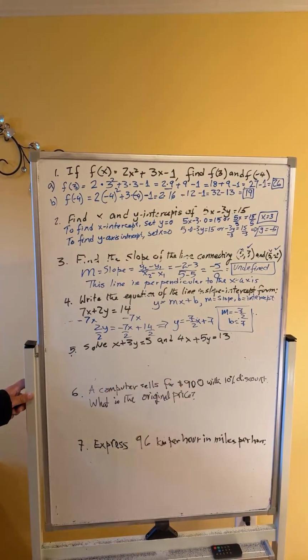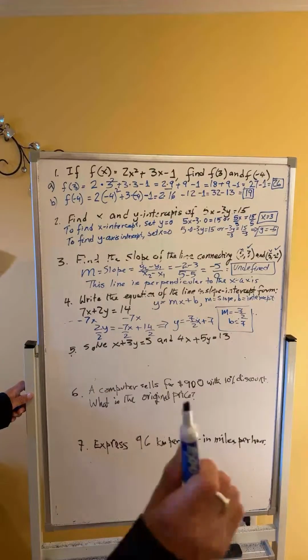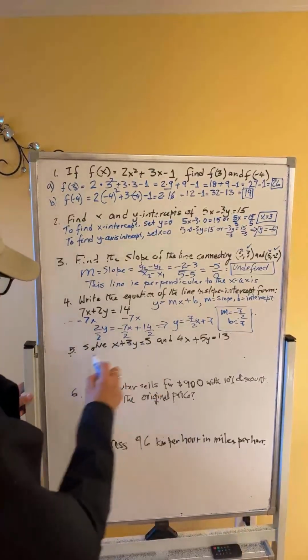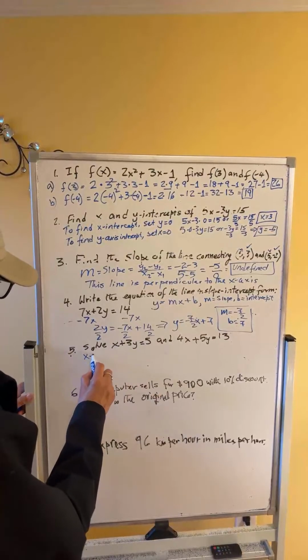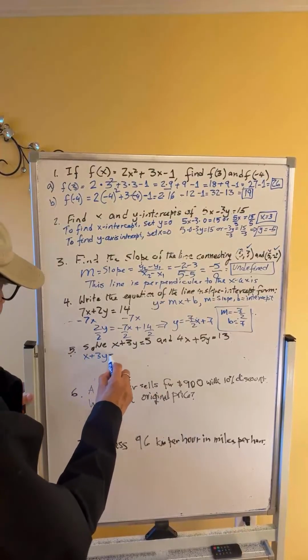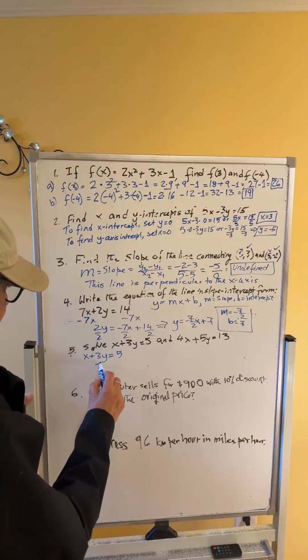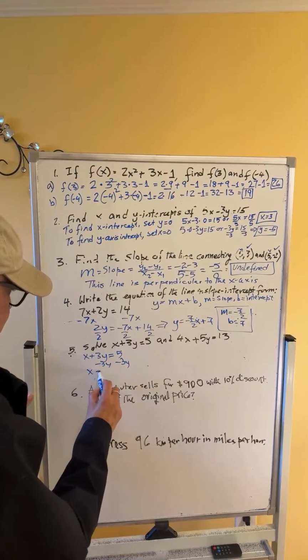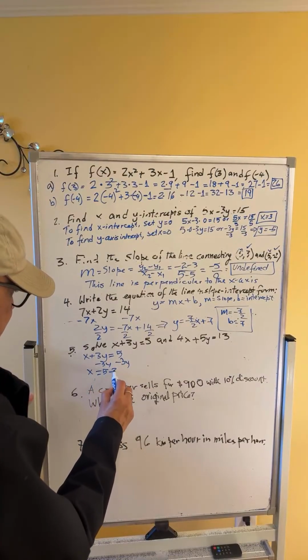Okay, the next problem is on solving two equations simultaneously. So we have x plus 3y equal to 5. If I subtract 3y on both sides, I get x equal to 5 minus 3y.